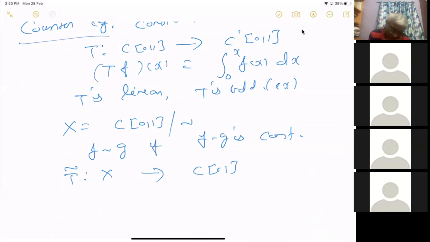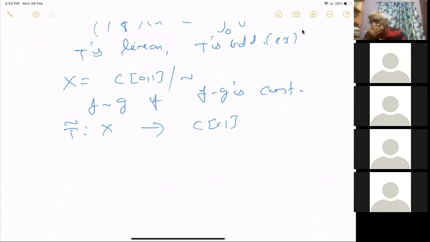No, that's okay. It is from 0 to x. I think it's okay. But you can take two functions that differ by a constant, so it's not well defined.